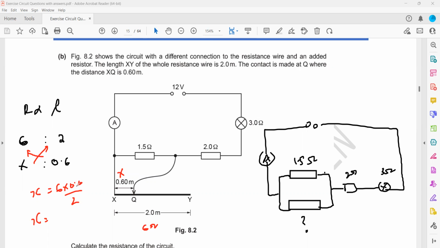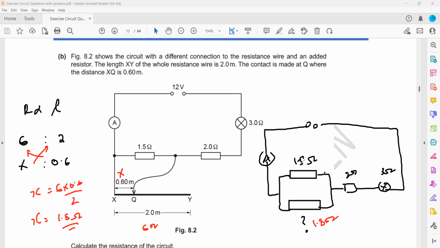It will be 0.3 times 6, or 3 into 0.6 you can also say. That equals 1.8, I guess. So the resistance of this part, now we worked out, is equal to 1.8 ohms.